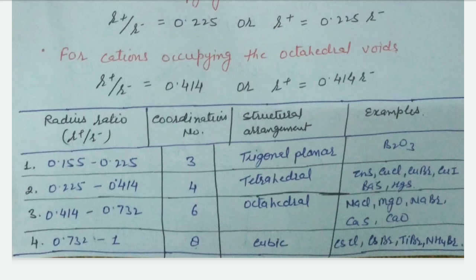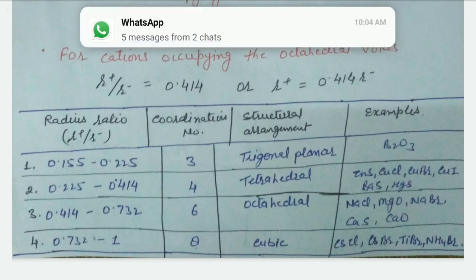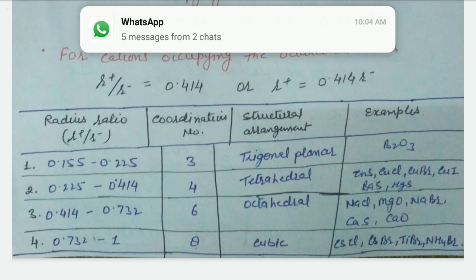An example of the crystal is B2O3. Second, when the radius ratio is between 0.225 to 0.414, the coordination number is 4 and it forms a tetrahedral shape. The common examples are ZnS, CuCl, CuBr, CuI, BeS, HgS.